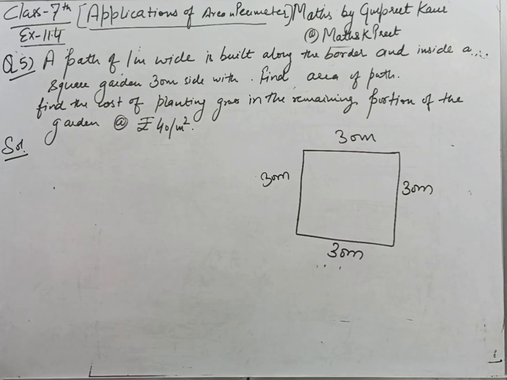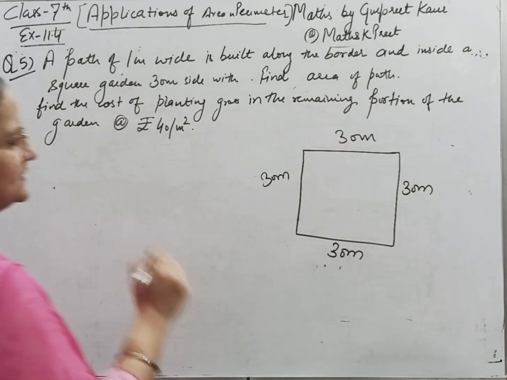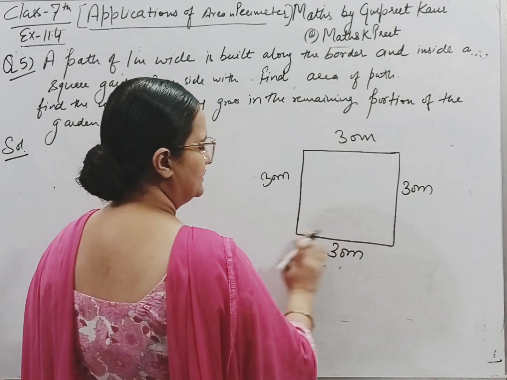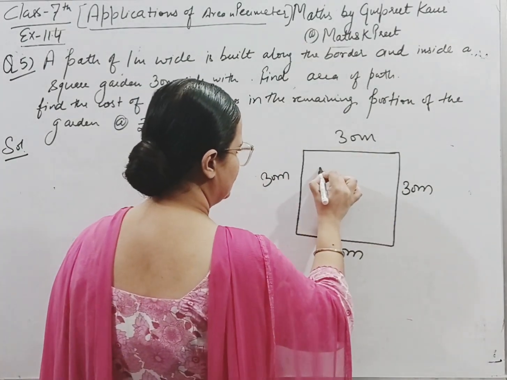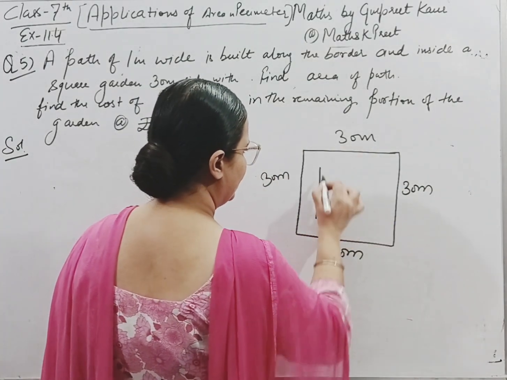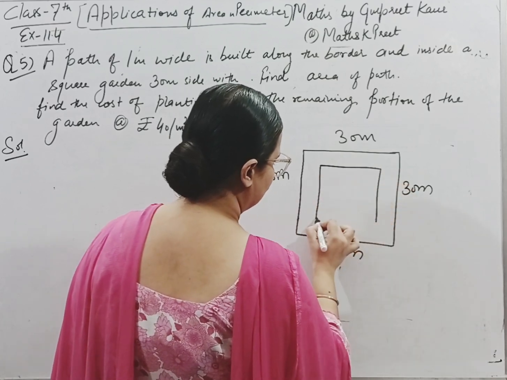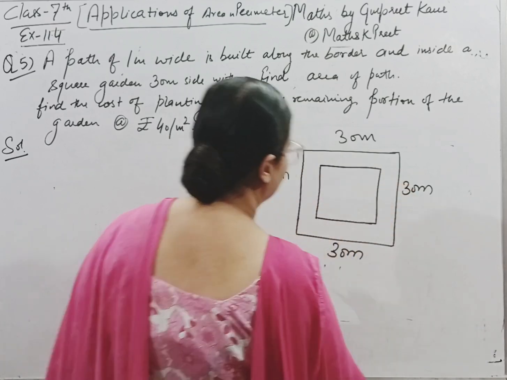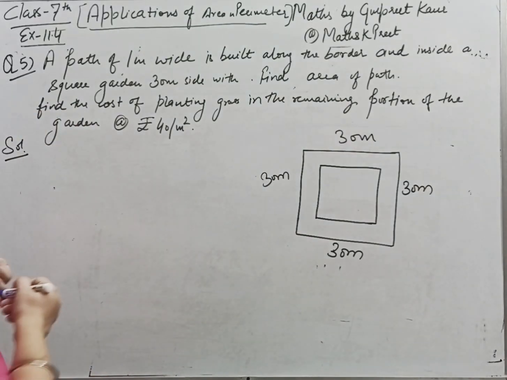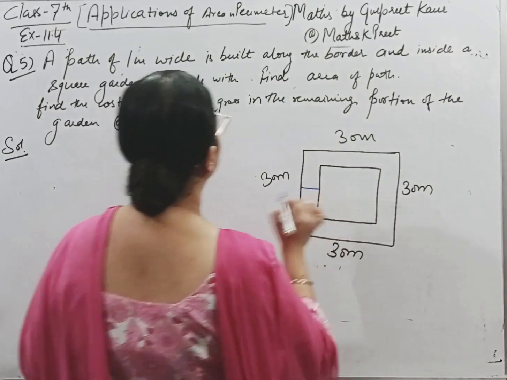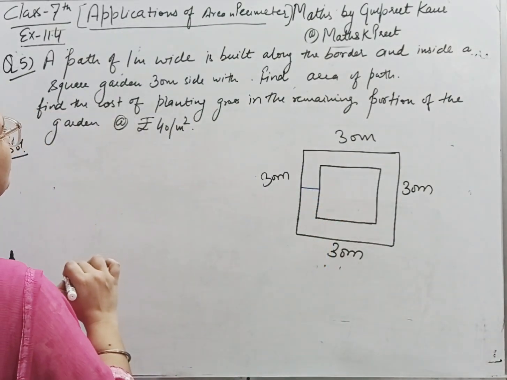A path of 1 meter wide is built along the border and inside. That means this is the 1 meter wide path along and inside the garden.